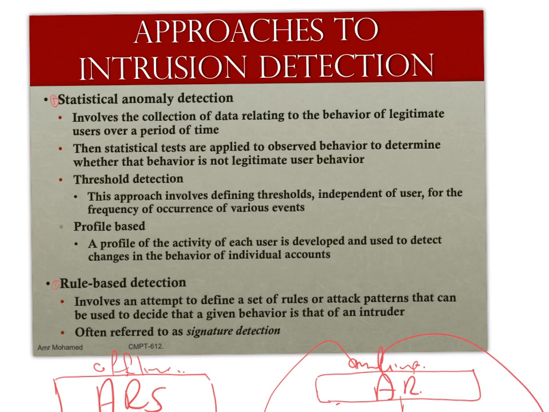So there is the threshold detection, which detects the same event happening even by different users, or the profile-based, which tries to correlate all the different events done by the same user. Or the rule-based, as we said, which involves the attempt to define a set of rules. And these rules, as we said, might actually be based on analyzing the historical audit records of the system.